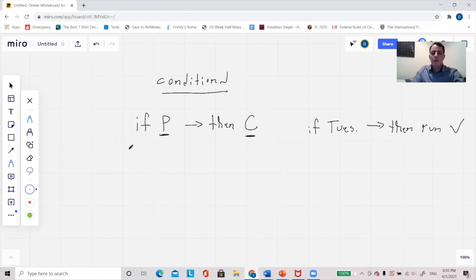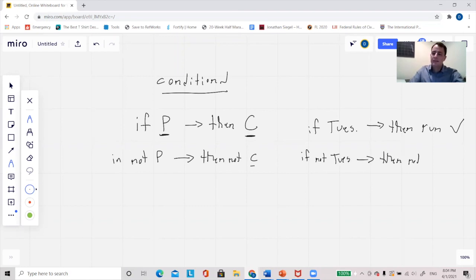If this is true, then I might assume if not P, then not C. Or in other words, if it's not Tuesday, if it's Thursday, or if it's Wednesday, then I don't go running.